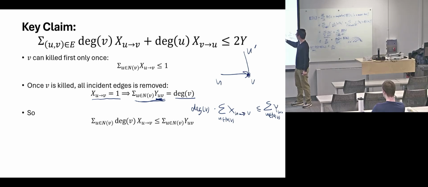If this is 0, nothing to prove. Another case is that this thing is 1. If this is 1, then I know that this sum is the degree. So if this is 1, then this is at least the degree of v. So in these two cases, this inequality is true. Okay.